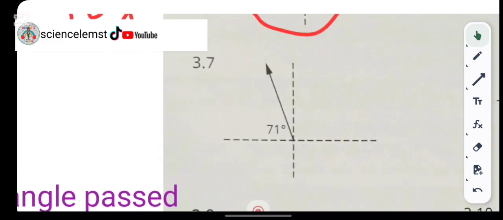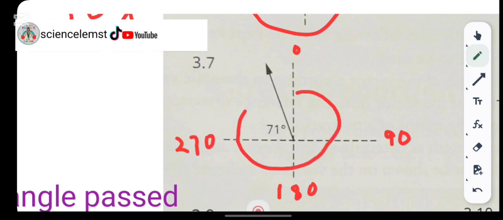Let's do one where the angle is included. 3.7. Again, 0. This is 90. This is 180. And this is 270. My arc starts from 0 all the way to where the vector is. If I look at it, the angle that's given is included within the arc. So because it's included, I have to do what? I have to add it.